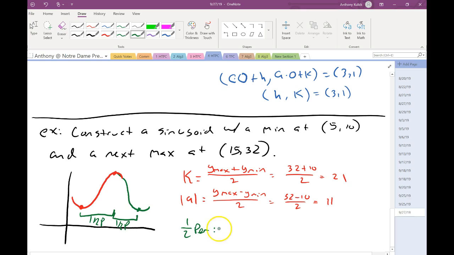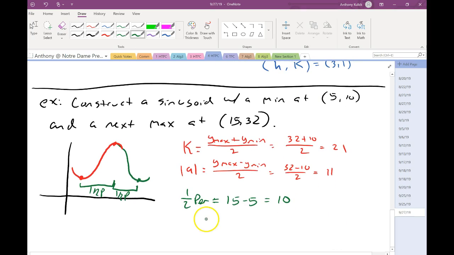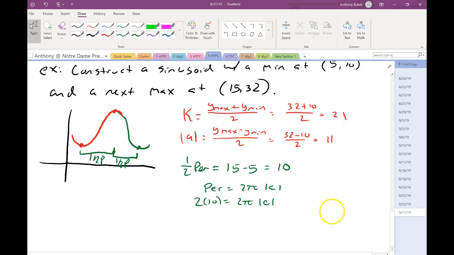So in our case, half the period is going to be 15 minus 5, or 10. And now I know that the period is equal to 2 pi over the absolute value of c, to figure out the full period. So the full period is 2 times half the period.